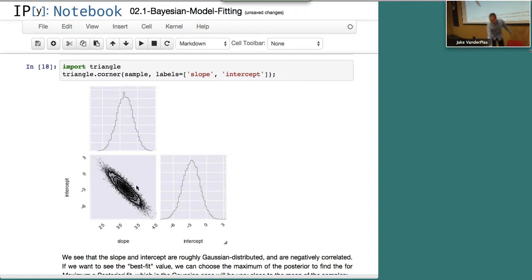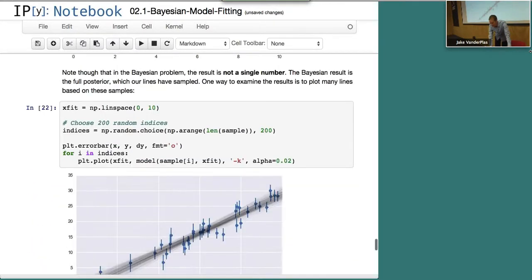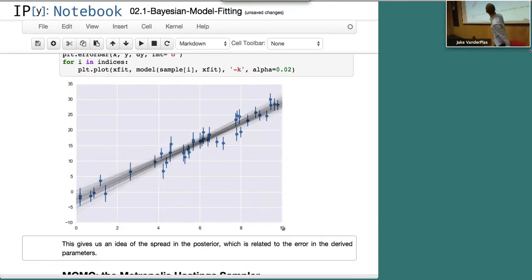So one cool thing you can do with this is, instead of taking the mean, you just take a sampling of maybe 100 or 200 points, and you plot all the possible slopes. In a sense this gives you some information about the uncertainty involved in the model.